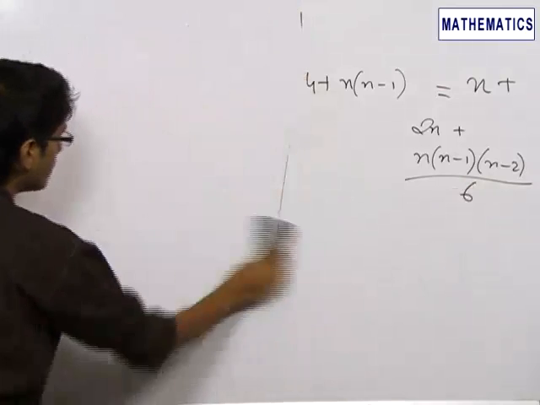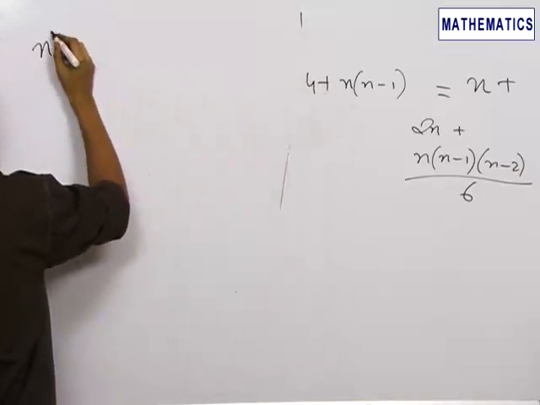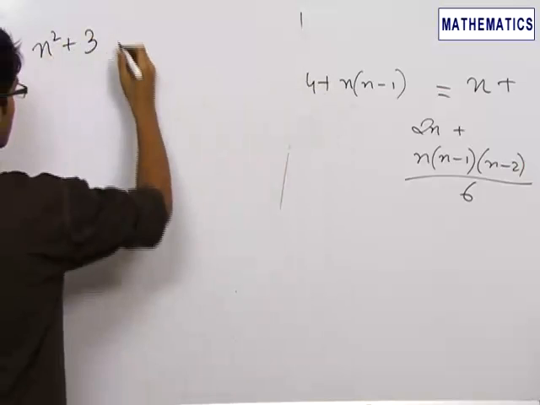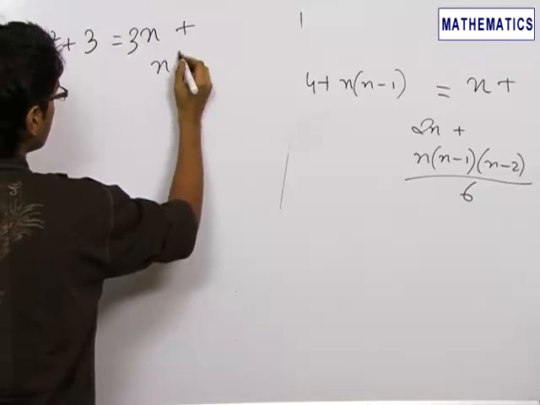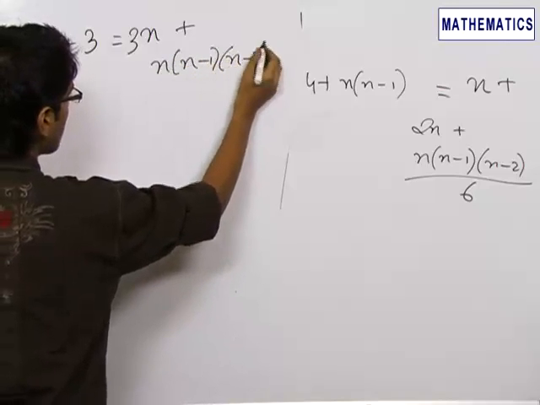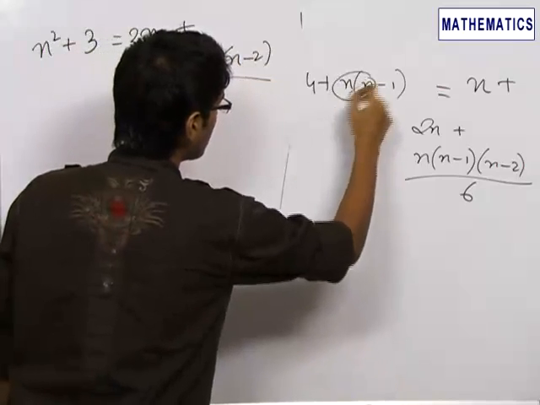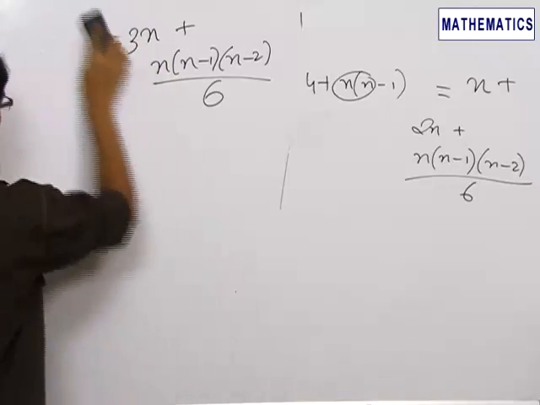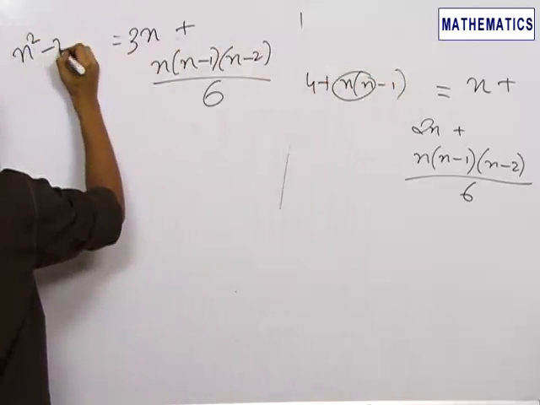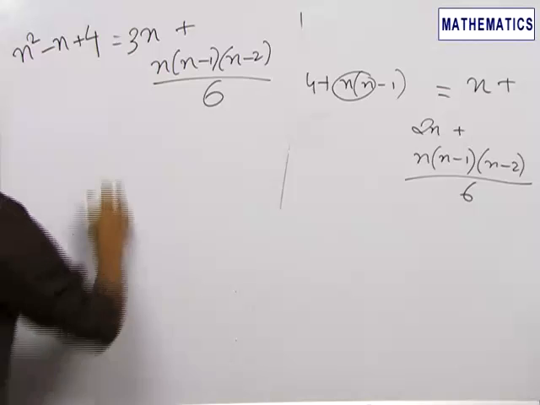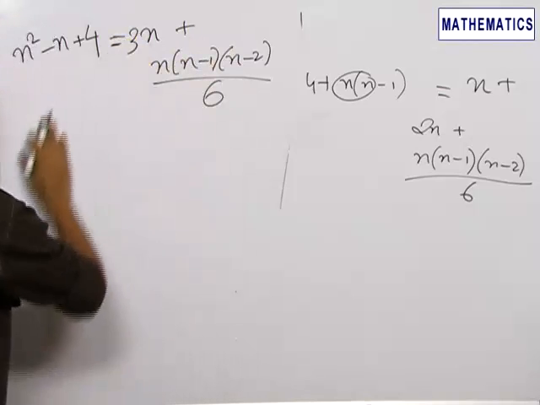So now we can very clearly see we have got an equation in n. Sorry, by mistake I wrote it wrongly: actually it was n² − n + 4, and this is equal to 3n + n(n−1)(n−2)/6.